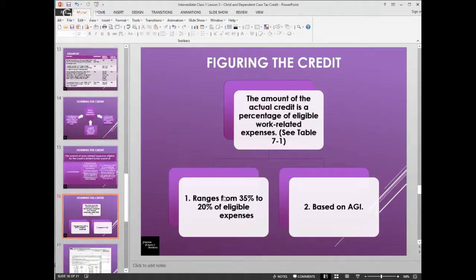So to figure the credit, the amount of the actual credit is a percentage of the eligible work-related expenses. All of this is calculated in Form 2441, which has to do with the dependent and child care credit. The credit ranges from 35% to 20%, and it is based on the adjusted gross income.